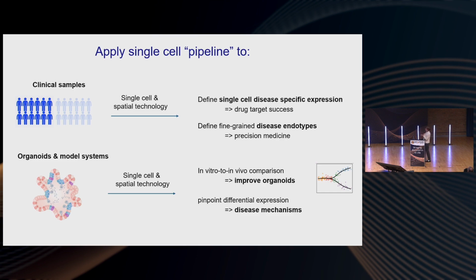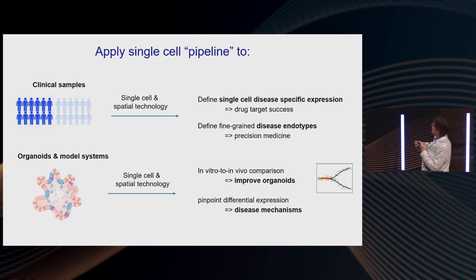But also by really profiling the patient cohort prior to treatment, hopefully we'll be able to get a really detailed, fine-grained molecular footprint of disease, allowing us to define new endotypes and move precision medicine, not just for cancer, but for many other common diseases, like asthma or COPD and others.